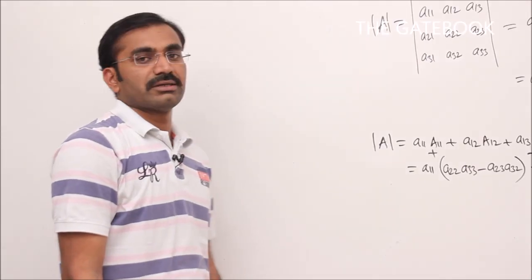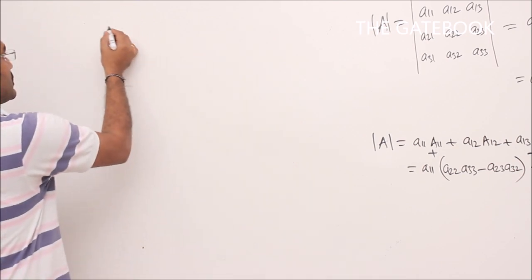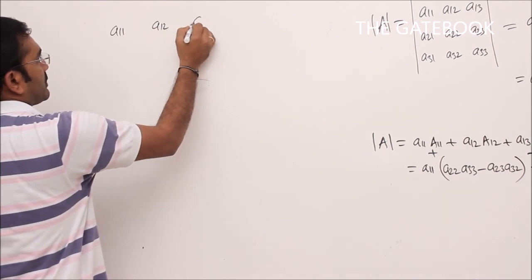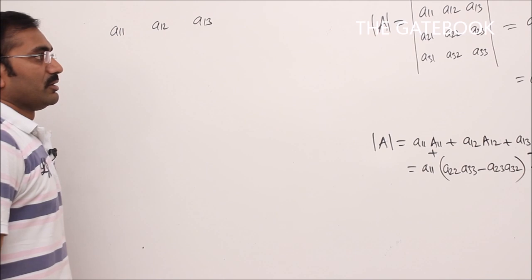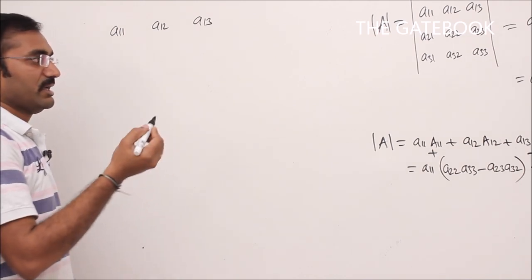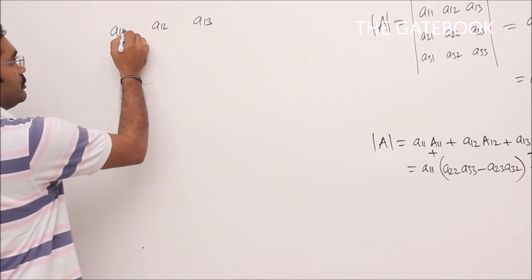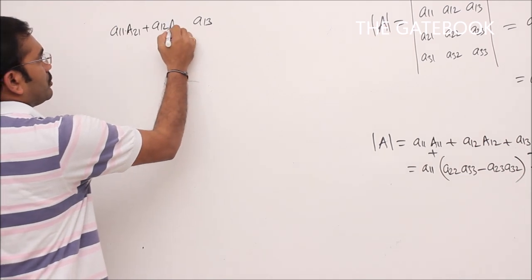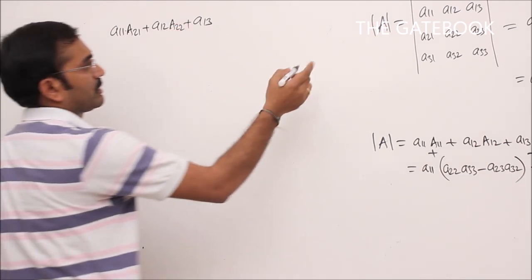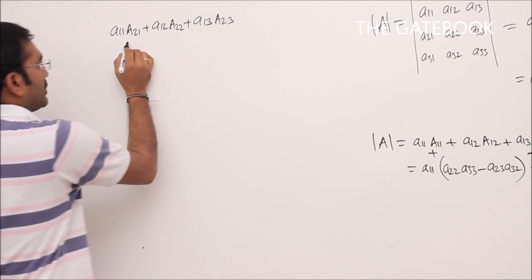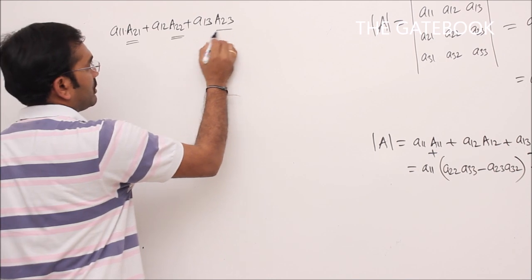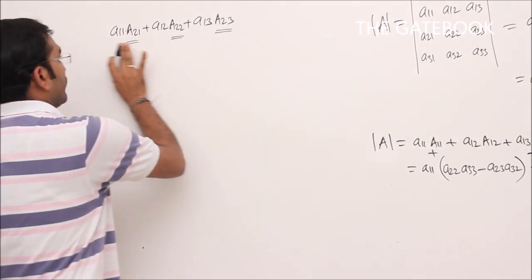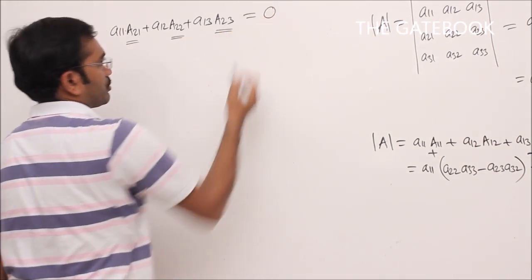One important property regarding determinants: suppose you take the elements of the first row A11, A12, A13 and multiply them by the cofactors of the second row or any other row, that is A11 into A21 plus A12 into A22 plus A13 into A23, where A21, A22, A23 are cofactors of elements of the second row. The value of this expression will definitely be 0.